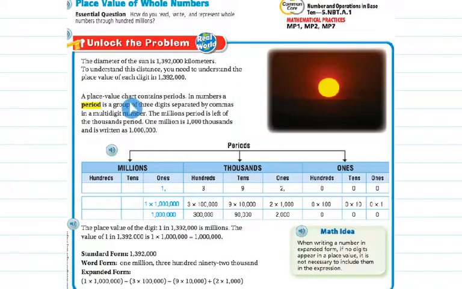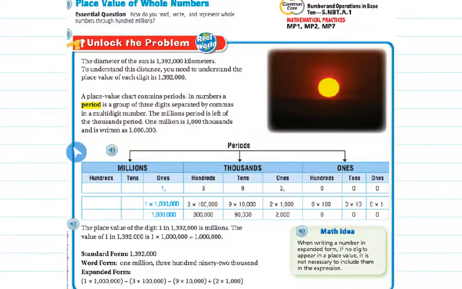The place value chart contains periods. In numbers, a period is a group of 3 digits separated by commas in a multi-digit number. The millions period is left of the thousands period. 1 million is 1,000 thousands and is written as 1 million.